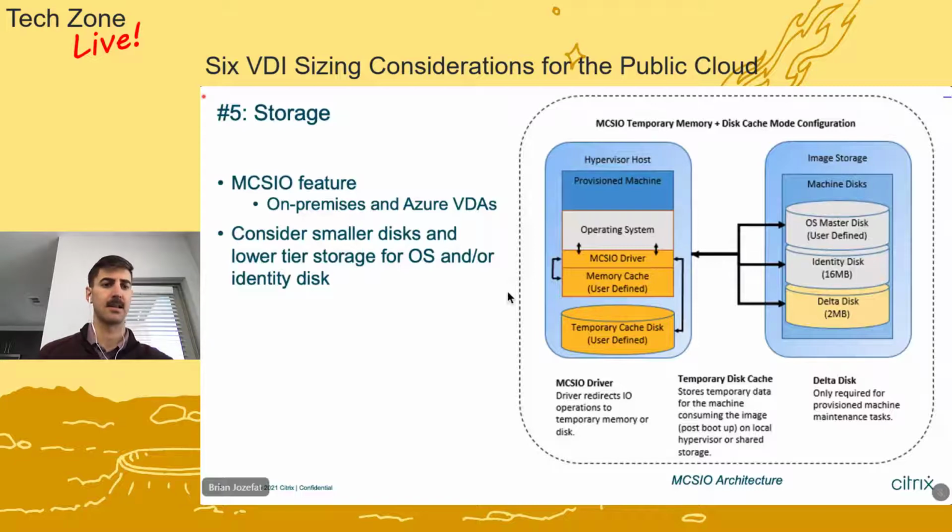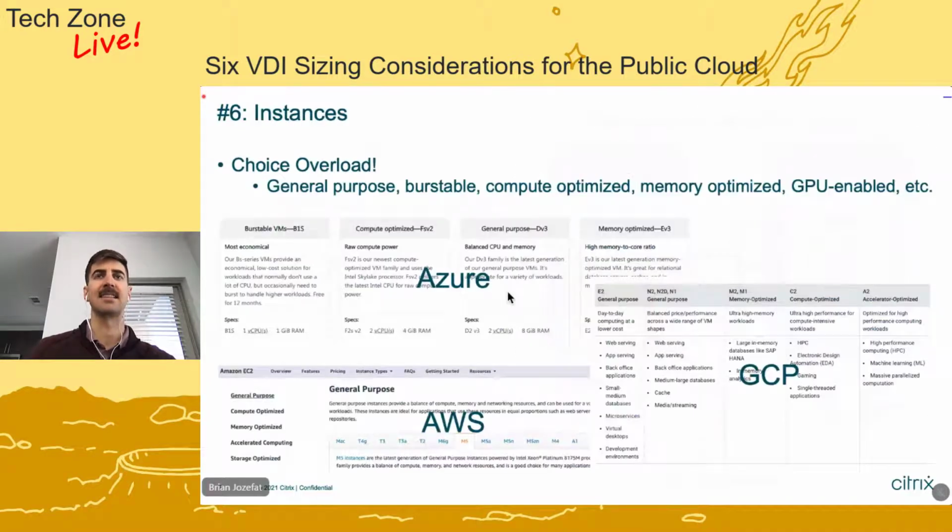All right. And then last but not least, let's get into instances. Now that we've gone through how to power manage machines and how to size them, which instance you actually pick. Lucky for you, you get choice overload when looking at public cloud instances.